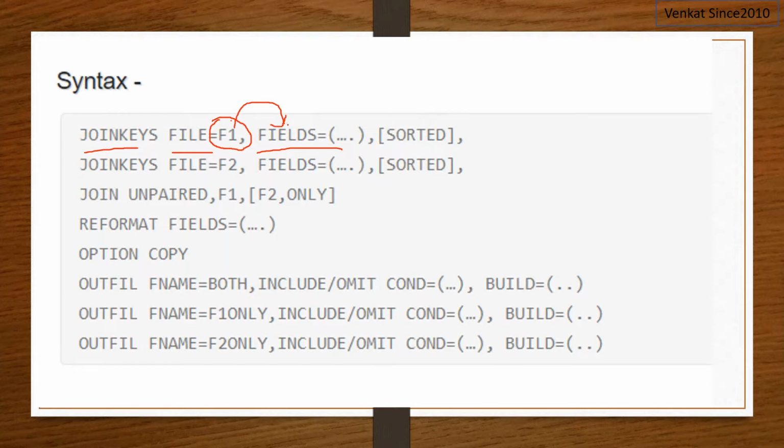Then JOINKEYS FILE=F2. We are going to join two files: F1 is one DD name and F2 is another DD name. To join two files, we should have some common field, so that field position we mention in the FIELDS parameter.